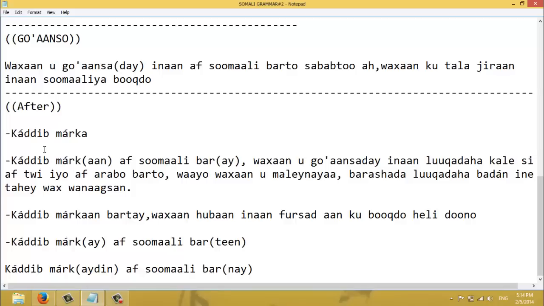Is that what they call it? Yeah, the verbal subject pronoun with it. So we'll know who's being talked about. So kadib maraka. So kadib is after, and maraka actually means when. Okay. So let's look at some example sentences here.